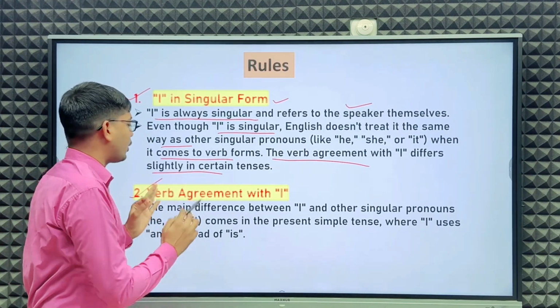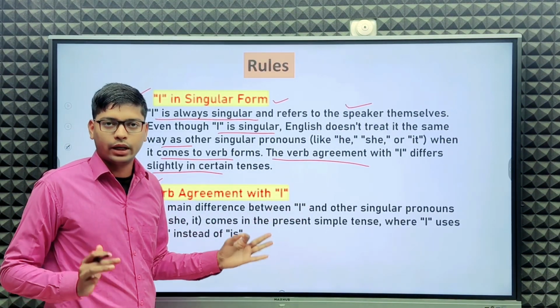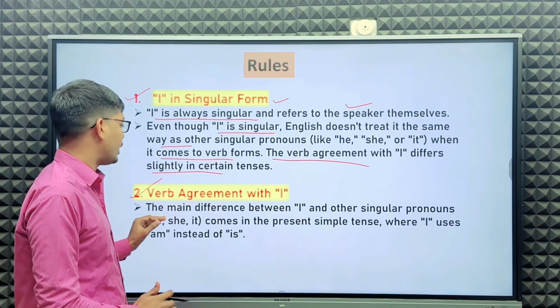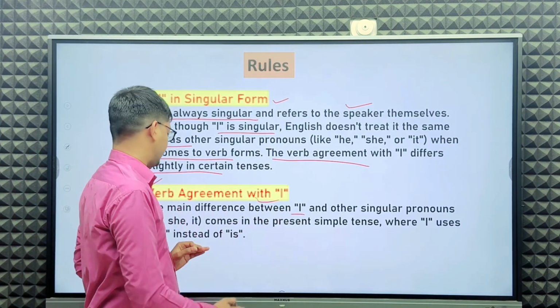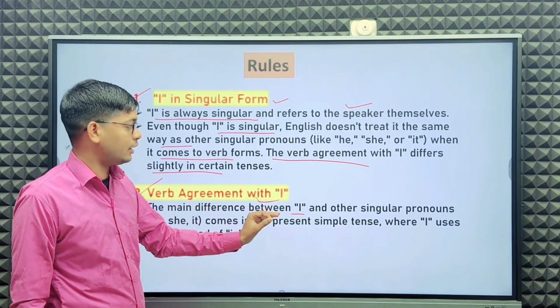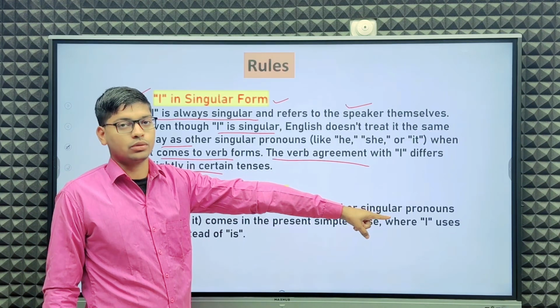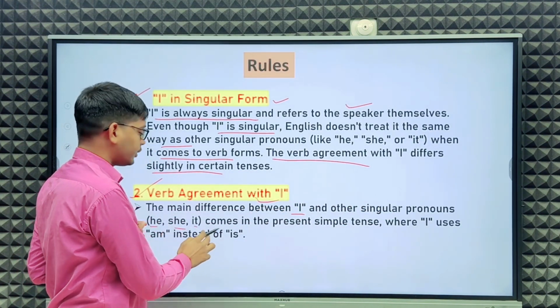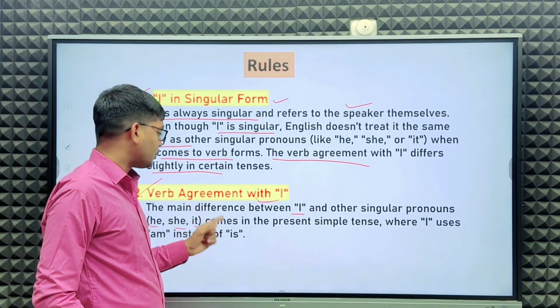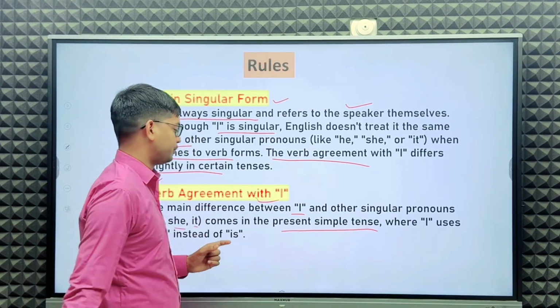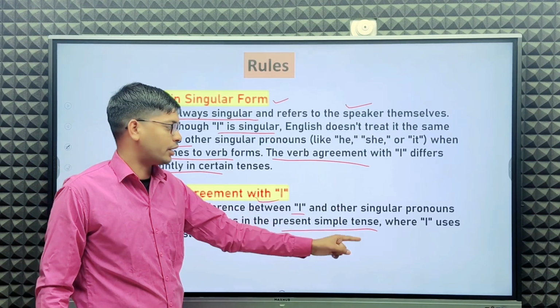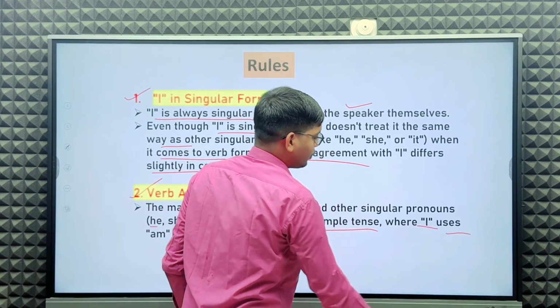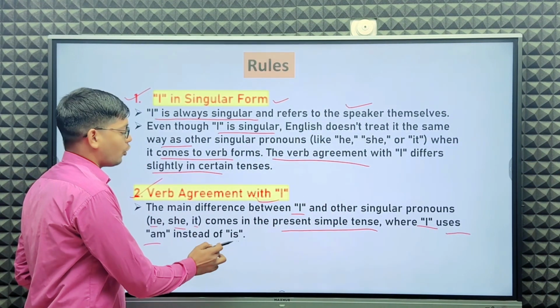Next rule, verb agreement with "I". The main difference between "I" and the other singular pronouns, meaning he, she, it, comes in the present simple tense, where "I" uses "am" instead of "is".